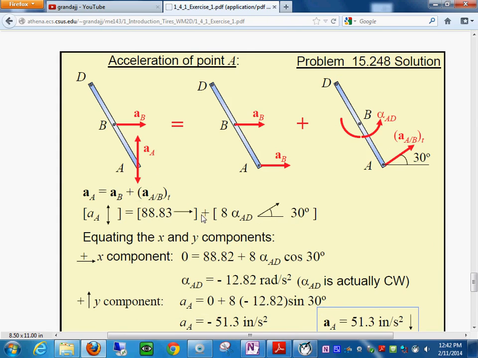So the first one is the acceleration of B, like this. The acceleration of A, you only know the direction. But the acceleration of the point A is the acceleration of B plus the acceleration of A with respect to B. So this is the tangential acceleration and the tangential acceleration in here.